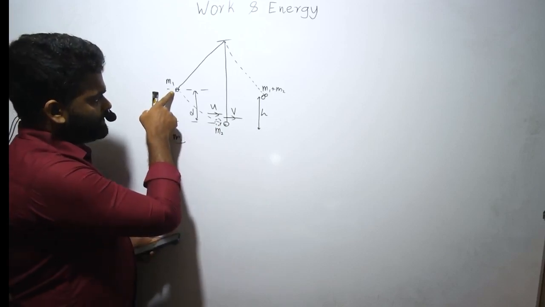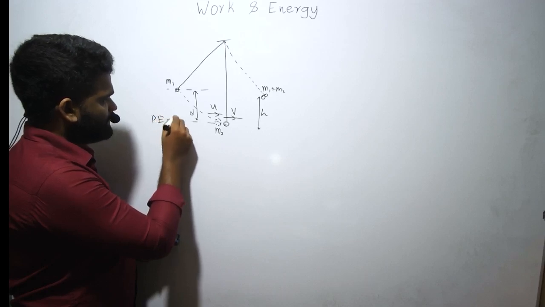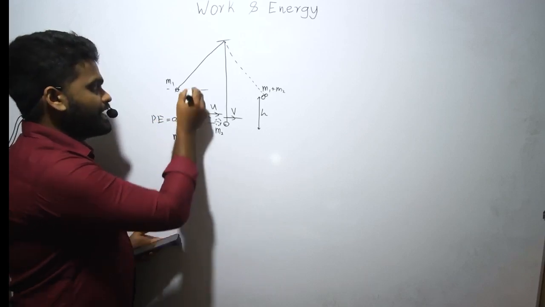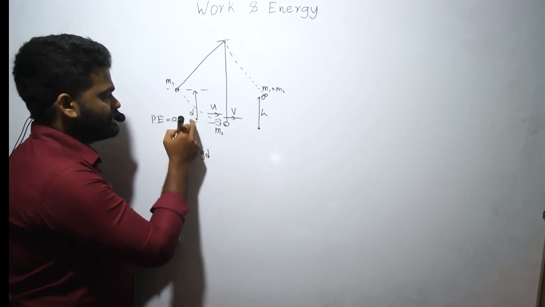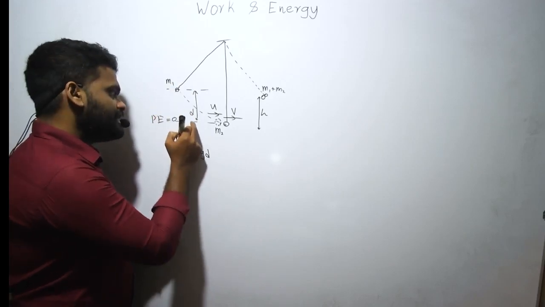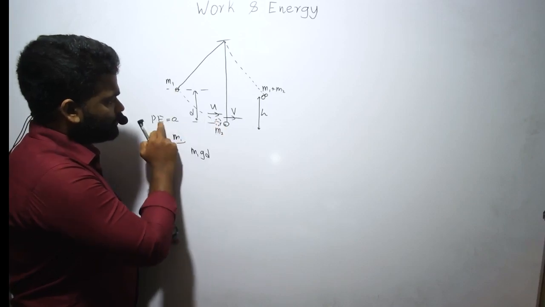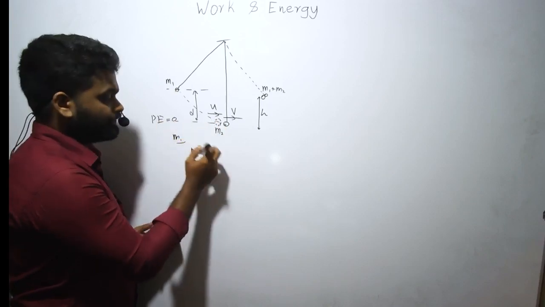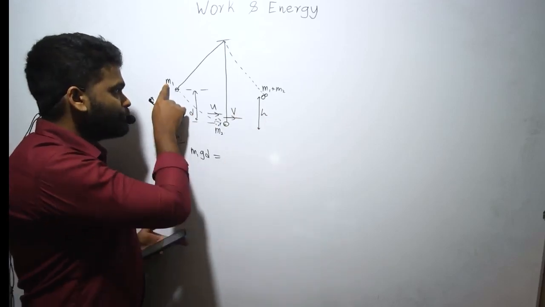Okay, so if we take this level to be the potential energy zero line, the energy here is m1 g d. As it reaches here, that potential energy becomes 0, so it has converted into the kinetic energy of m1.